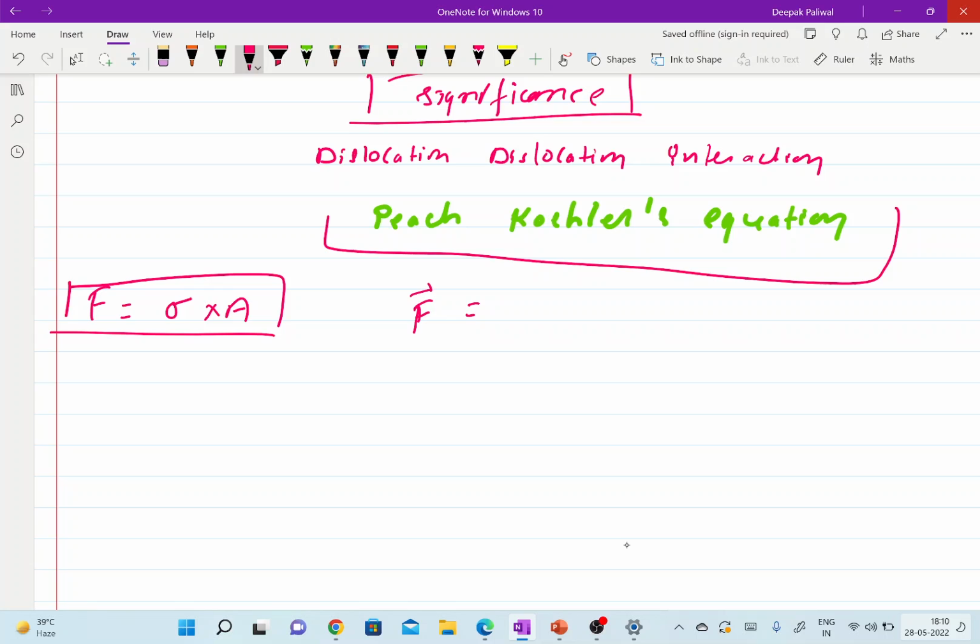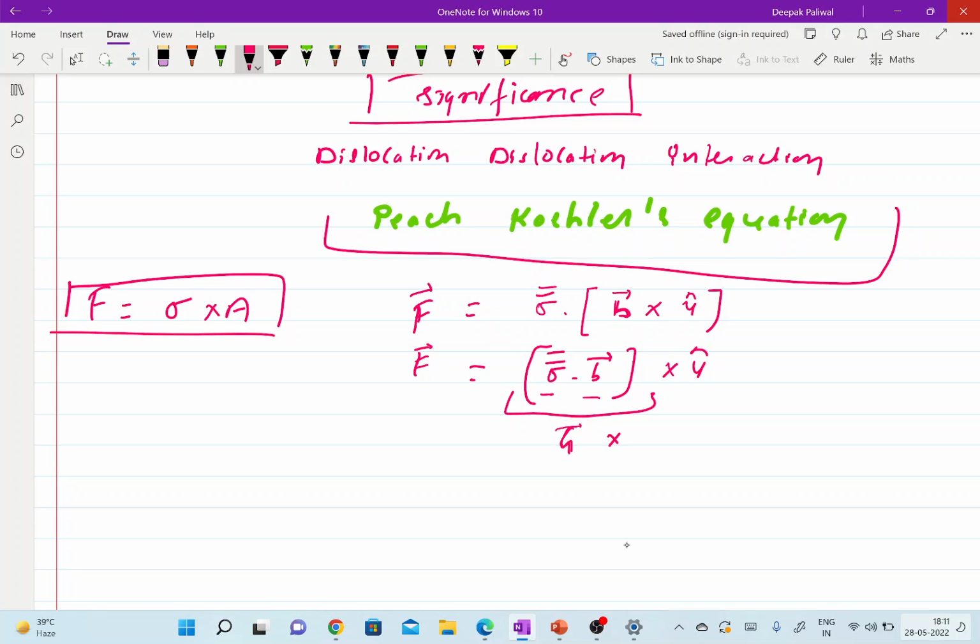We have stress, which is a tensor quantity. Now I have to multiply by the area of a slip plane, which is given by the Burgers vector cross line vector. I can also write this equation as the stress tensor dot Burgers vector, cross line vector. The stress tensor dotted with the Burgers vector is called the G matrix, multiplied by the line vector.